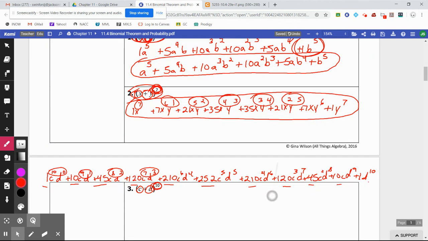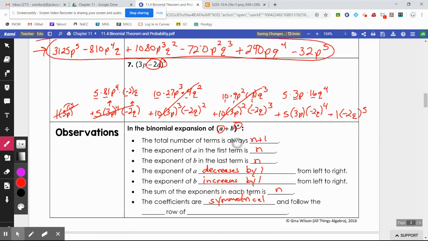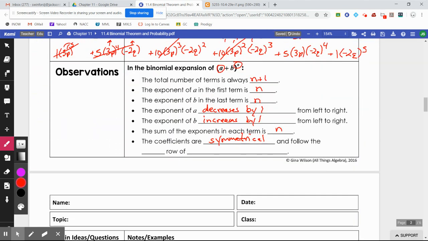So the coefficients are always symmetrical, and they follow the nth row of Pascal's triangle. So we see a very, very useful application for Pascal's triangle. And oddly enough, this is not the only application for Pascal's triangle. It appears so much in several different things that we can be doing through our advanced math courses. So it's very important to us.